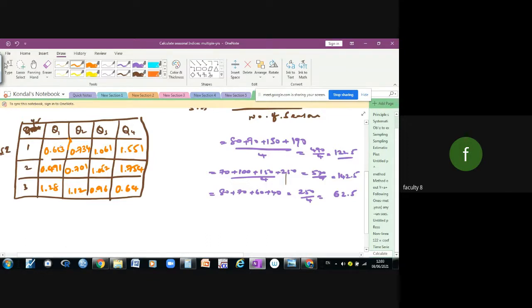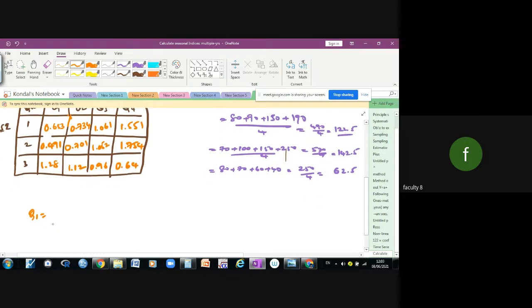During the first season, Q1, take the first year, second year, and third year: 0.653 plus 0.491 plus 1.28, divided by 3. How much will we get? Can anybody calculate it?